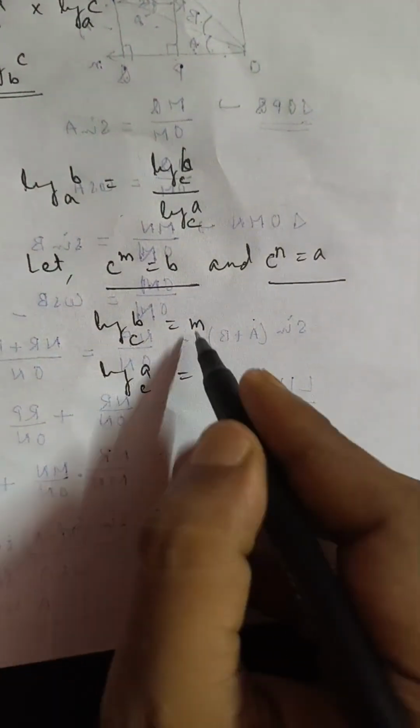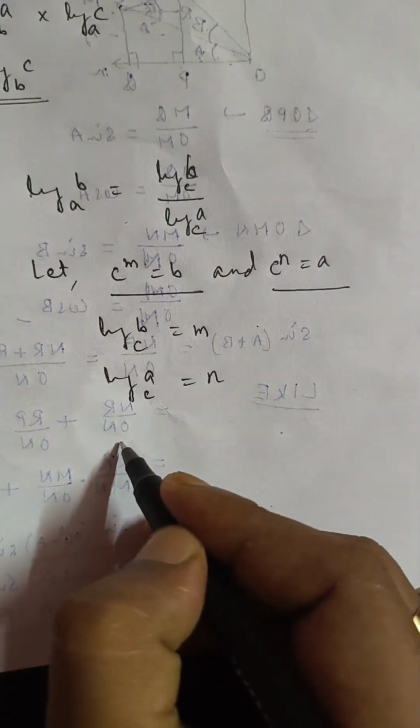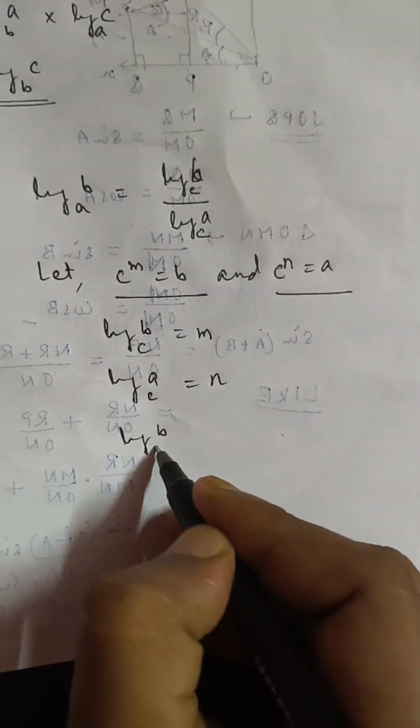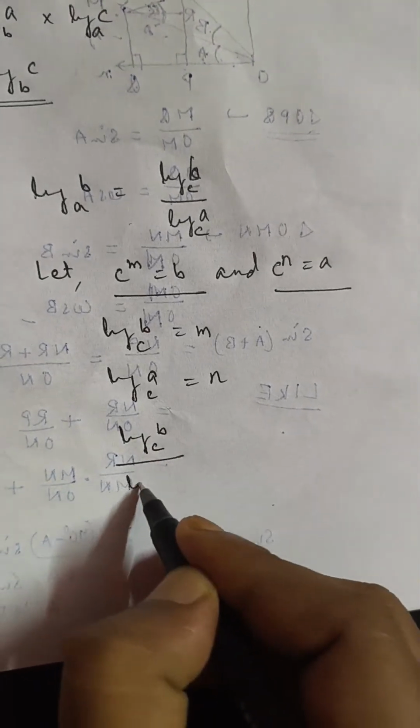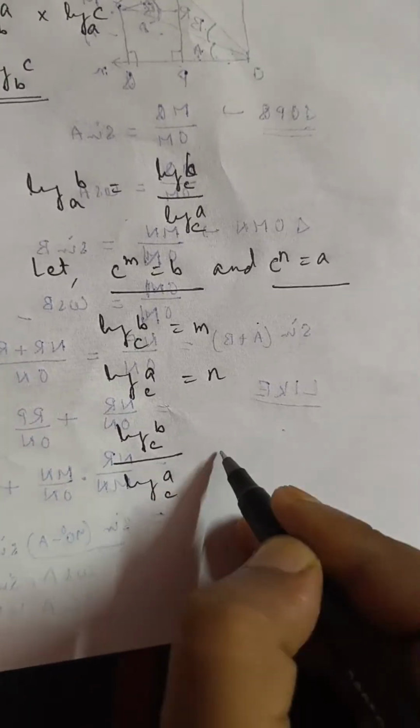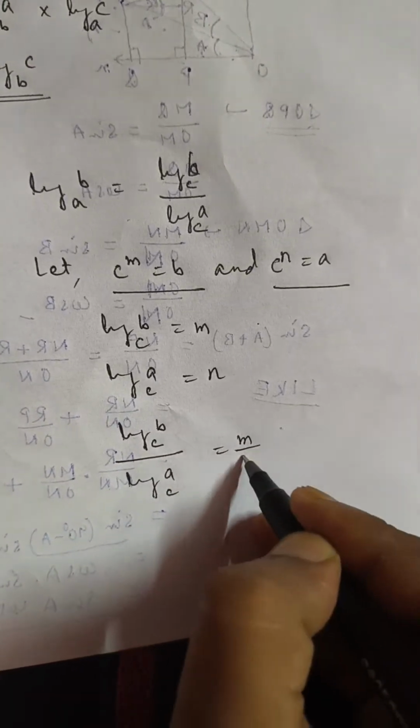If we divide both of these, we will get log of b base c by log of a base c is equal to m by n.